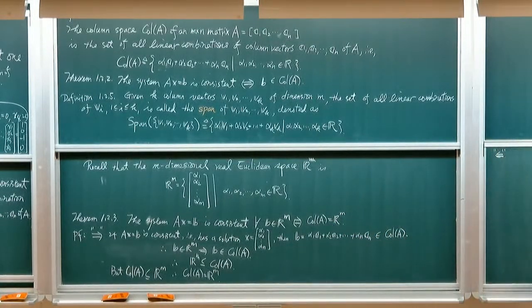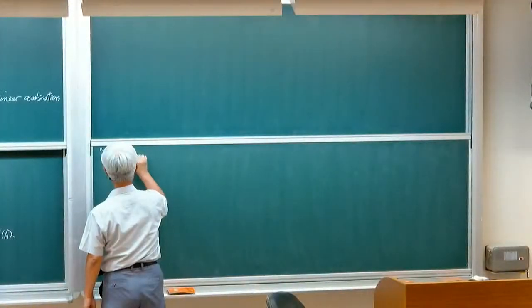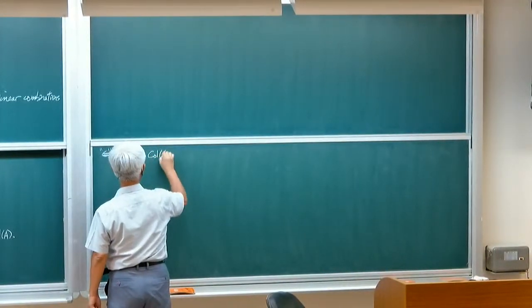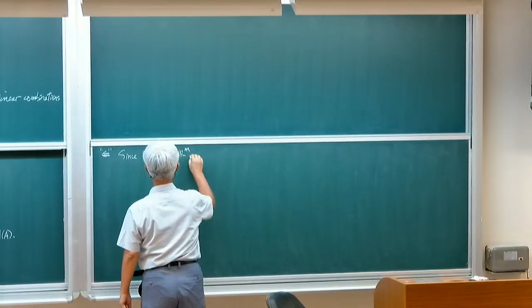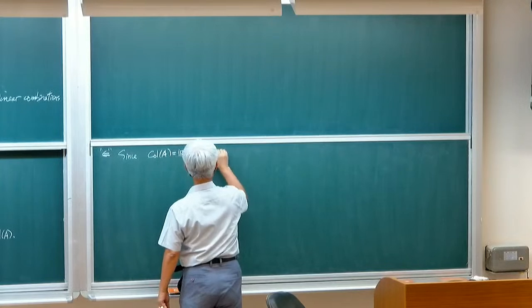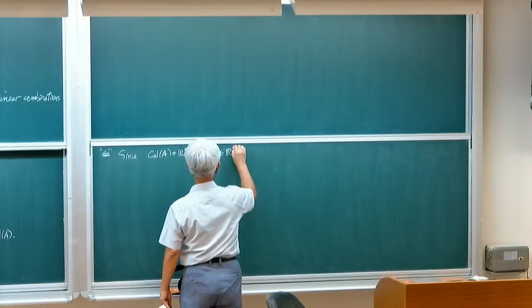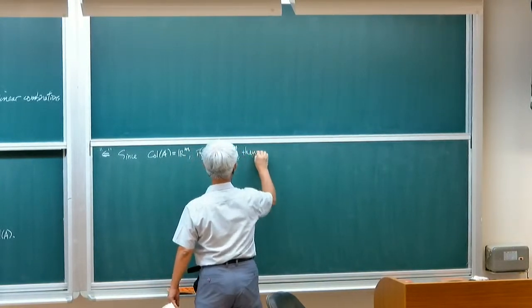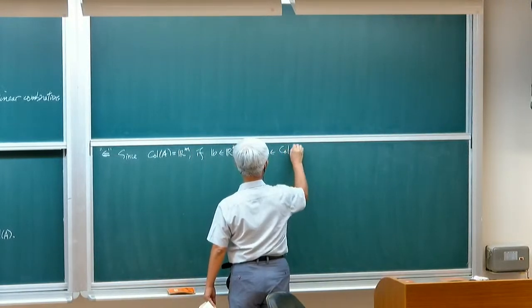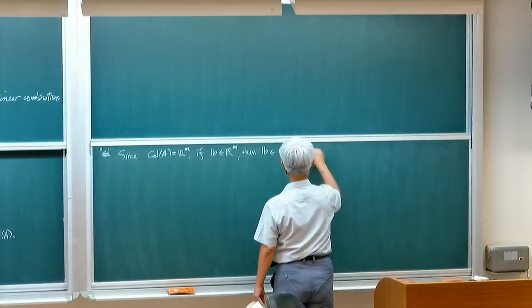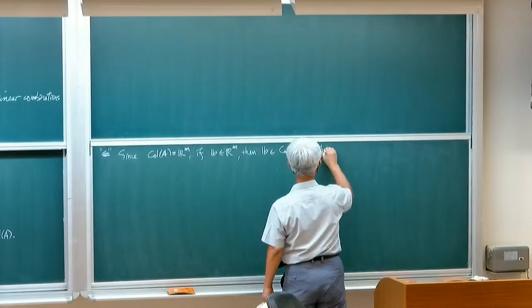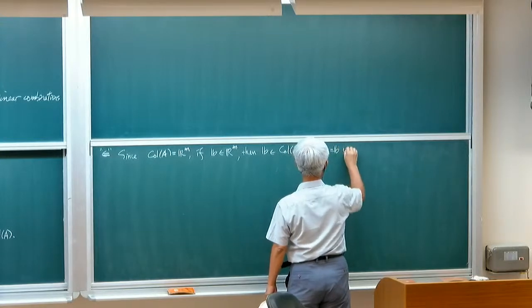How about that? All right, so since the column space of A is equal to R^m, if B is in R^m, then B is in the column space of A, which implies that Ax equal to B is consistent.